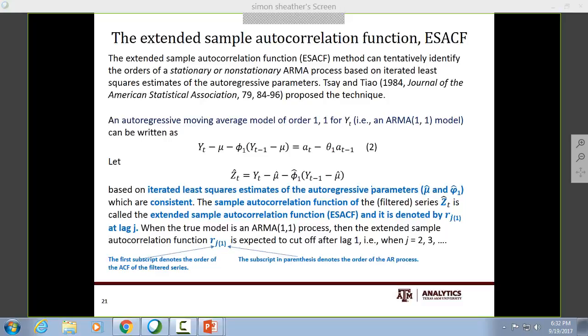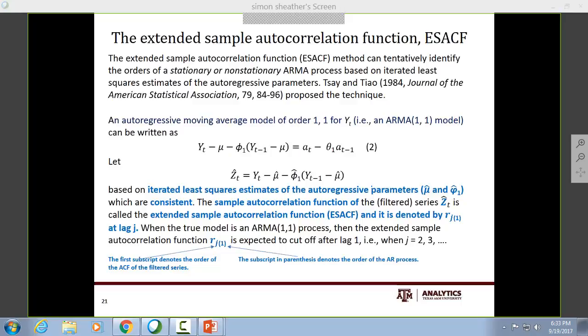Now, here's where we go. Tsay and Tiao, 1984, Journal of the American Statistical Association. This is a classic article that, when I look at it every year, I genuflect about how smart these guys were and are.